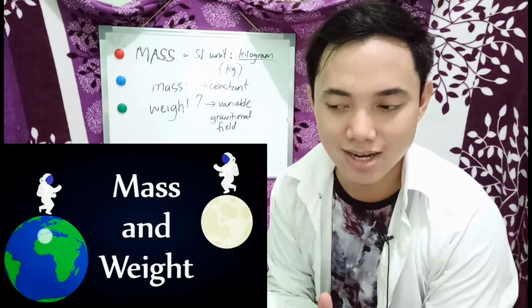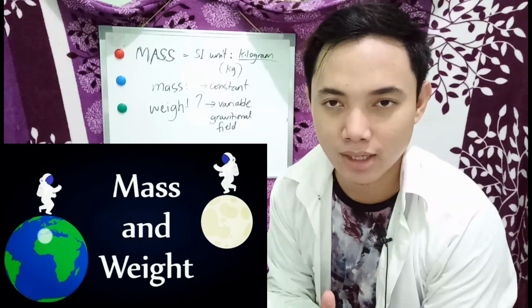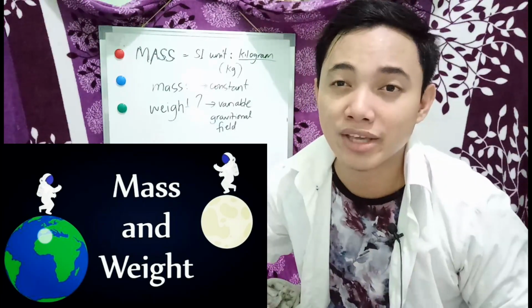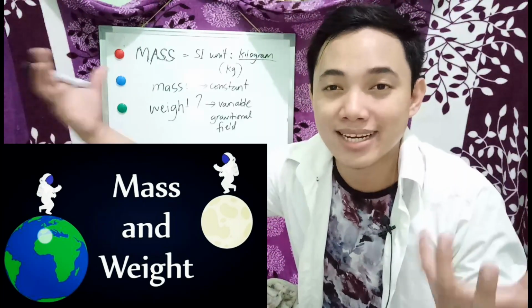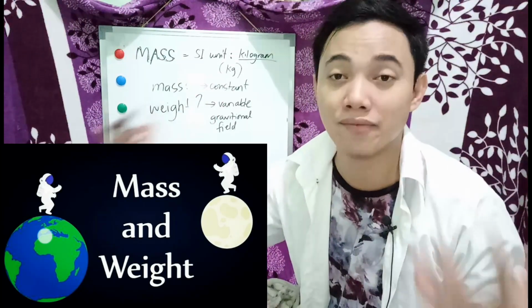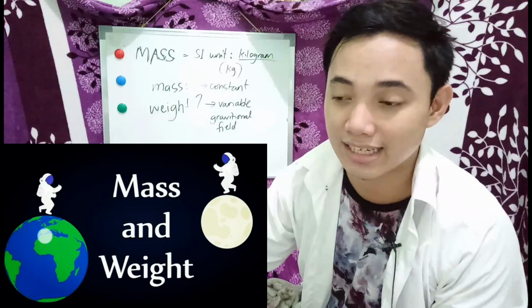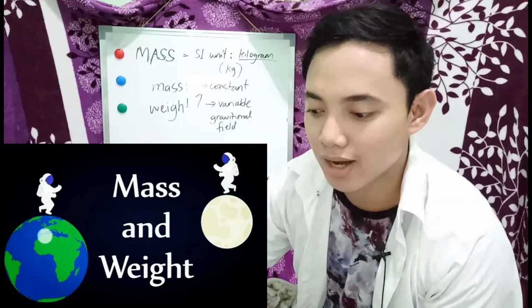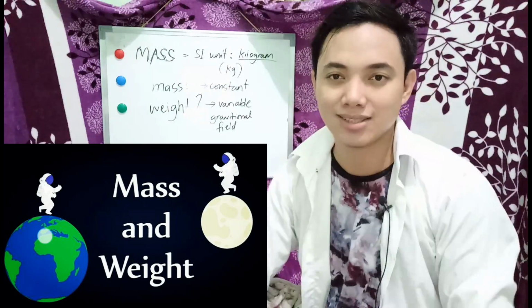Kung dito ka sa Earth, timbang mo is mabigat. Pagdating mo sa moon, magaan ka na. Kasi iba-iba yung gravitational field kung saan yung object nag-act, depende doon sa area or lugar kung saan siya nag-act.